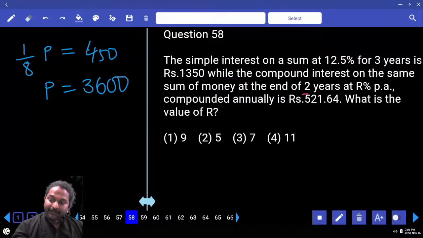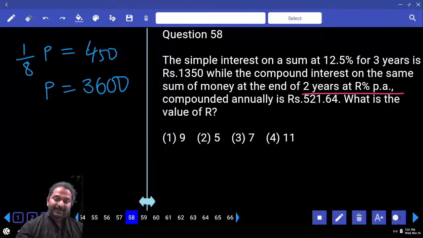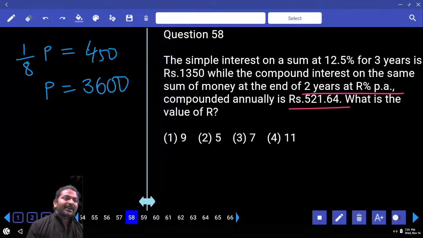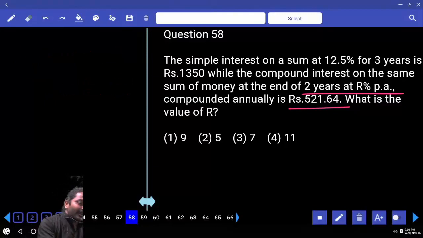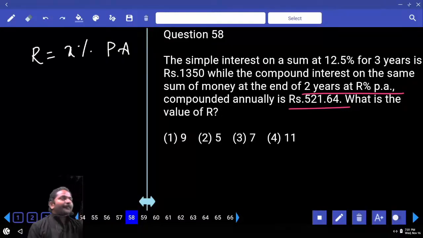Now, for 2 years at the rate of R%, compound interest is 521.64. Agreed? Now, if rate of interest is X% per annum, compound interest for the first year, how much would it be?